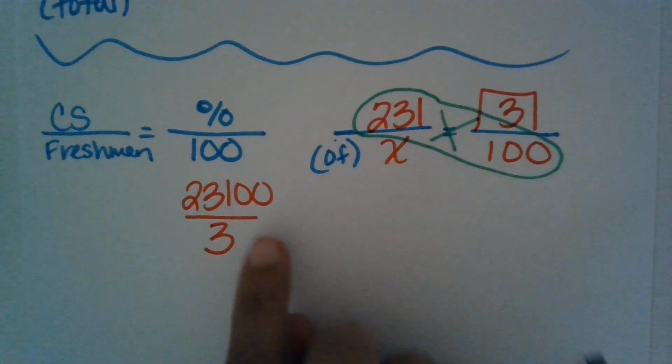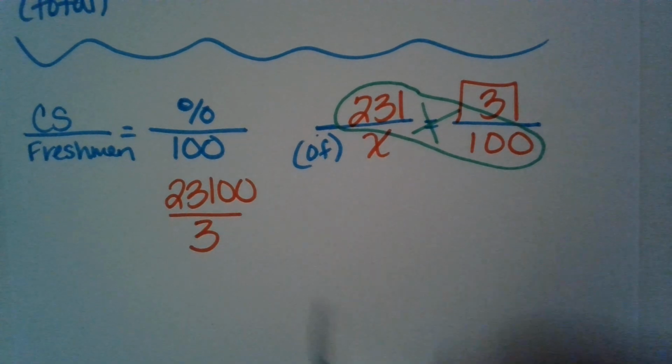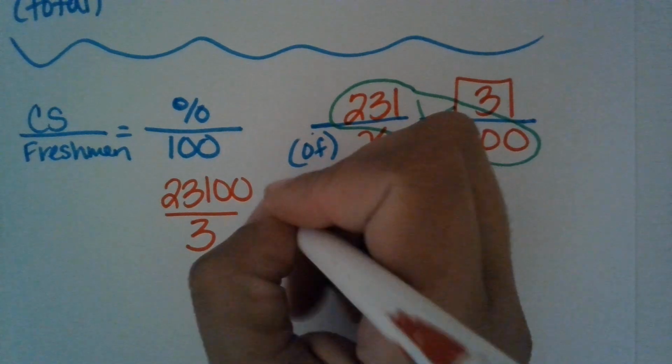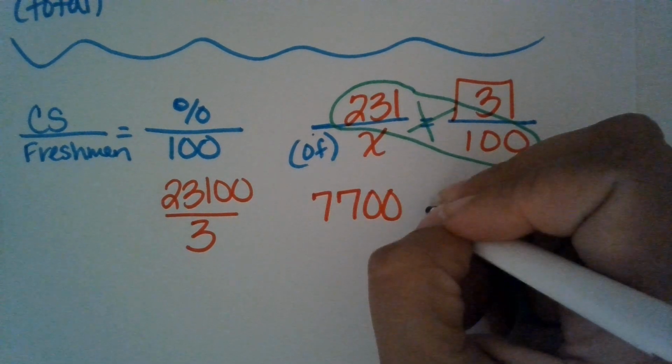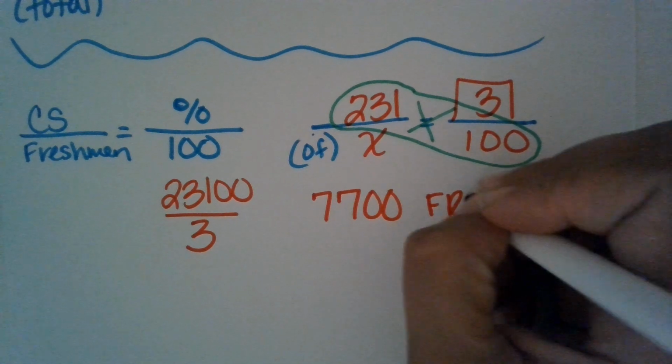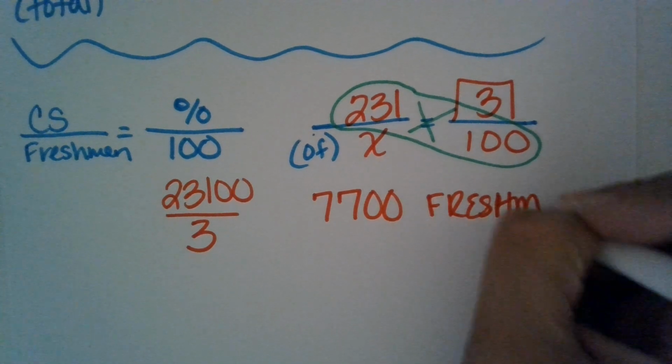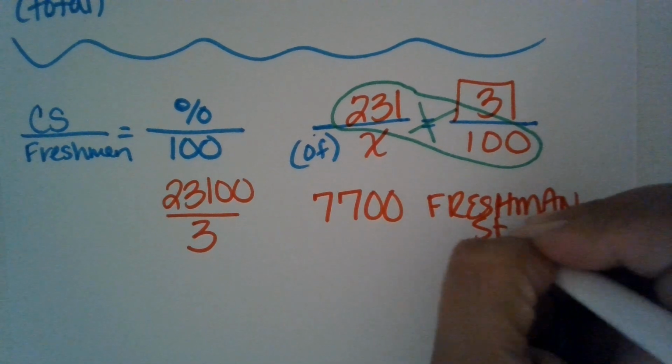Now, if I take 23,100 divided by 3, I will get the total amount of the freshman class, which should be a big number of 7,700 freshmen students.